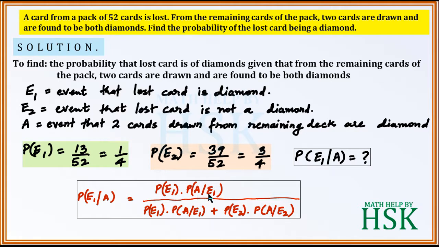So probability of A given E1 and probability of A given E2 are required. Probability of A given E1 is the probability that the 2 cards drawn from the remaining deck are diamonds, given that the lost card is a diamond. Similarly, probability of A given E2 is the probability that 2 cards drawn from the remaining deck are diamonds, given that the lost card is not a diamond.